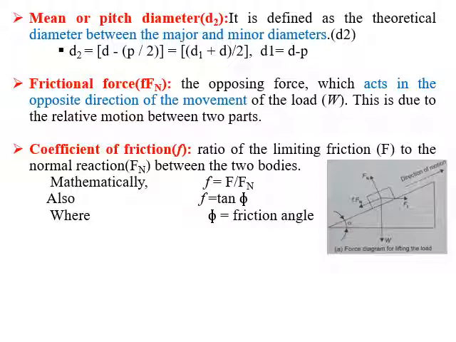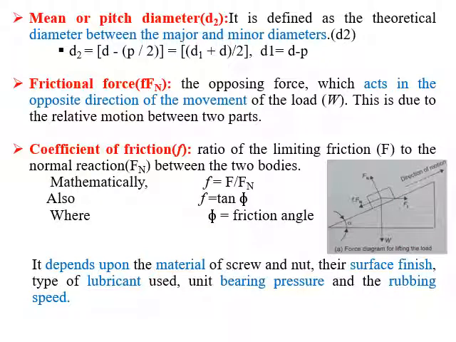Also mu is equal to tan phi, where phi is the friction angle. It depends upon the material of the screw and the nut, their surface finish, the type of lubricant used, the unit bearing pressure, and the rubbing surface. So one has to be very careful with the coefficient of friction selection for a particular screw thread application.